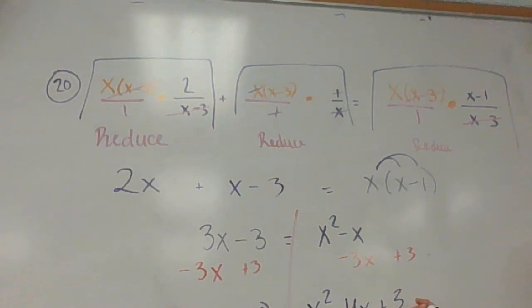What multiplies to 3 and adds to negative 4? Negative 3 times negative 1. Got my 0 here. Make both these little guys equal 0.